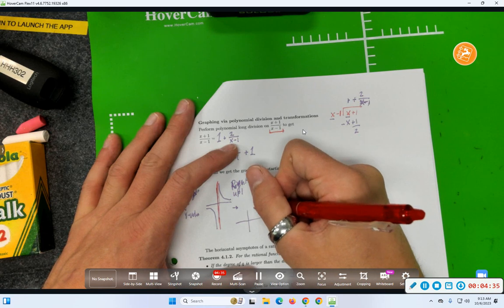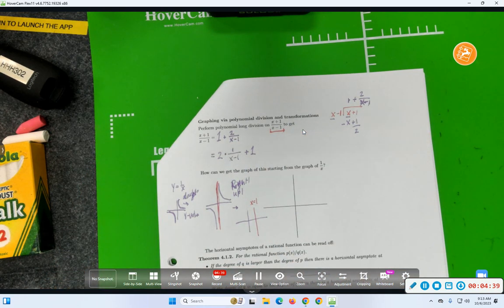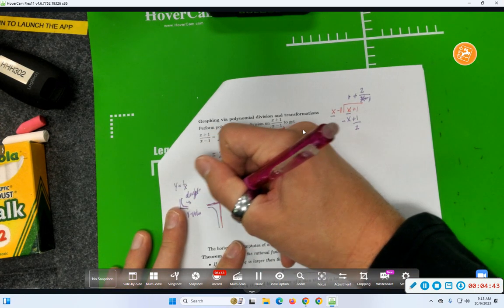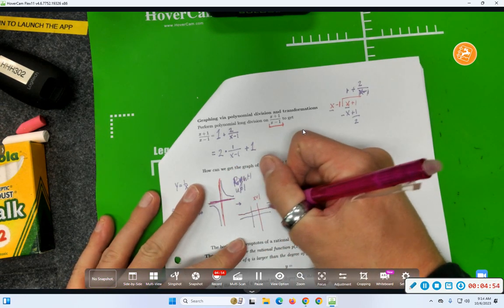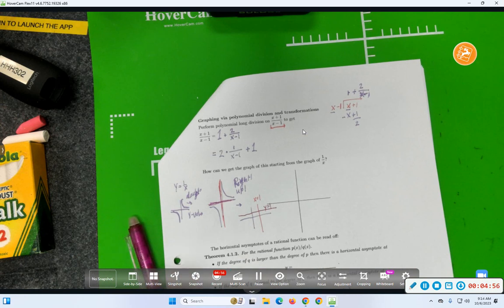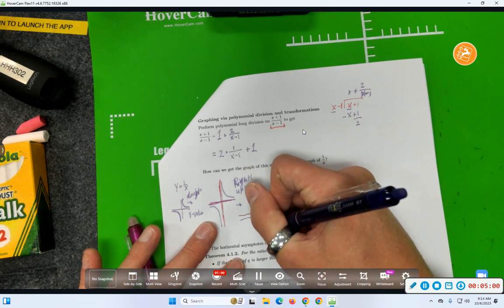So you'll have this vertical asymptote at x = 1. You have this horizontal asymptote at y = 0 beforehand. What happens to that when you do this transformation? It goes to y = 1. And then it'll continue to look roughly the same.